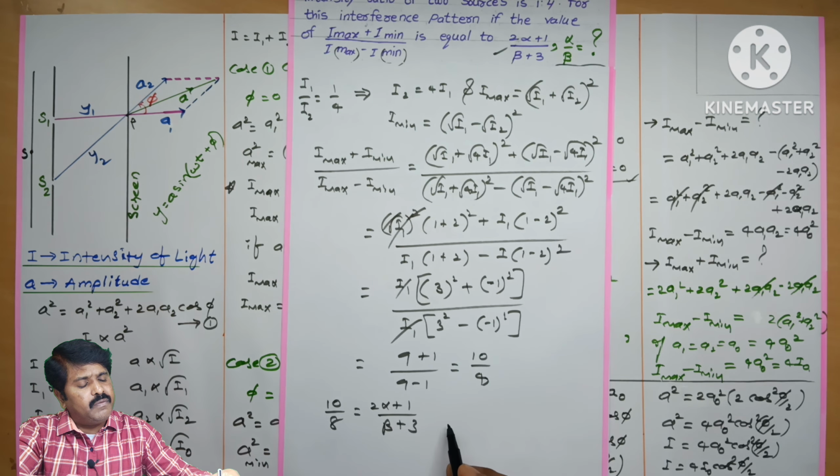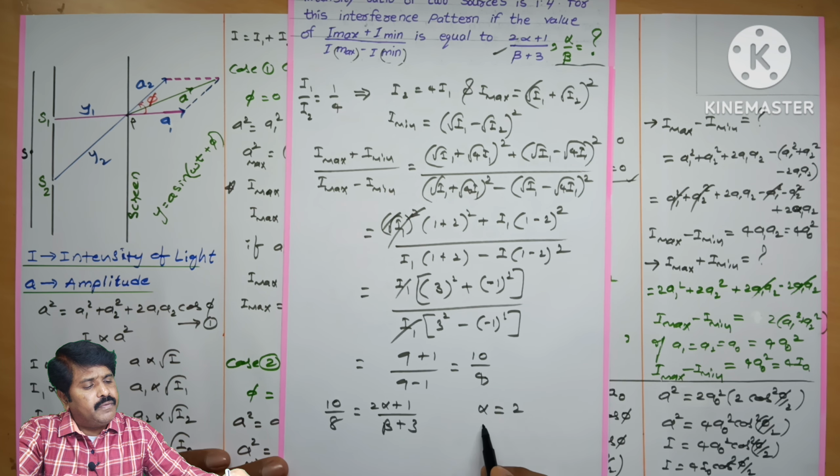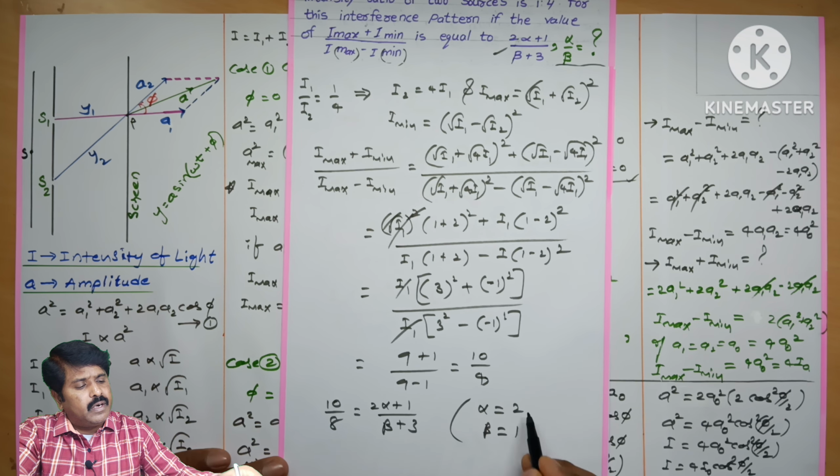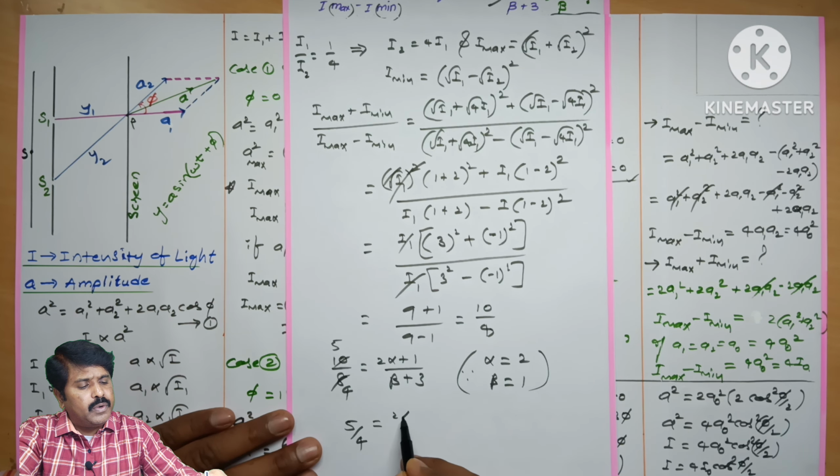By comparison we can clearly write alpha is equal to 2. Okay, alpha is equal to 2, and next beta is equal to 1 because of continuation there. This is 5 divided by 4, which is equal to (2 alpha plus 1) divided by (beta plus 1).